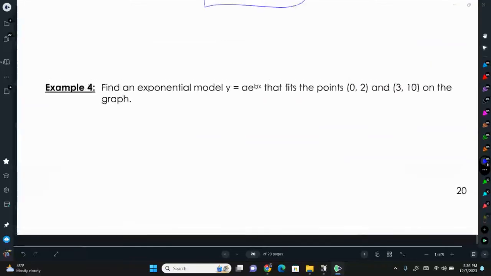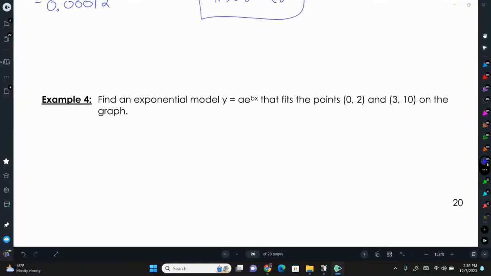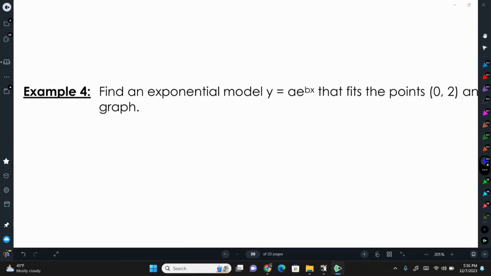All right, now example 5 says find an exponential model y equals a times e to the bx that fits the points (0, 2) and (3, 10) on the graph. So we're going to use this y-intercept here because it lets us calculate our a value. If I substitute 0 in for x, my y value is 2.